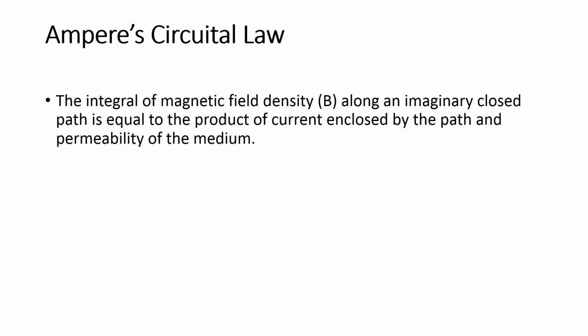According to this law, the integral of magnetic field density B along an imaginary closed path is always equal to the product of the current enclosed by the path and the permeability of the media.